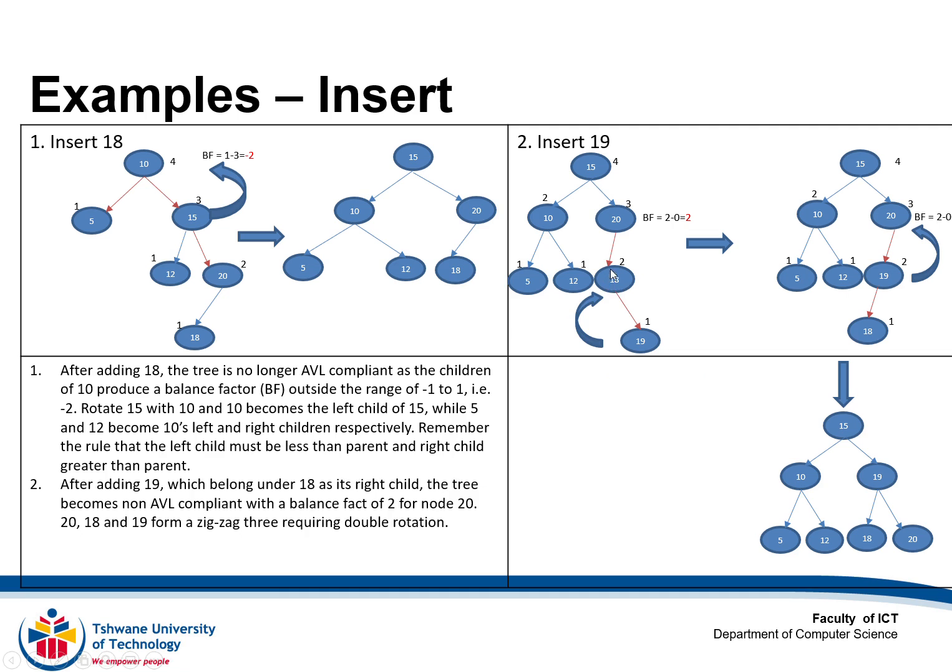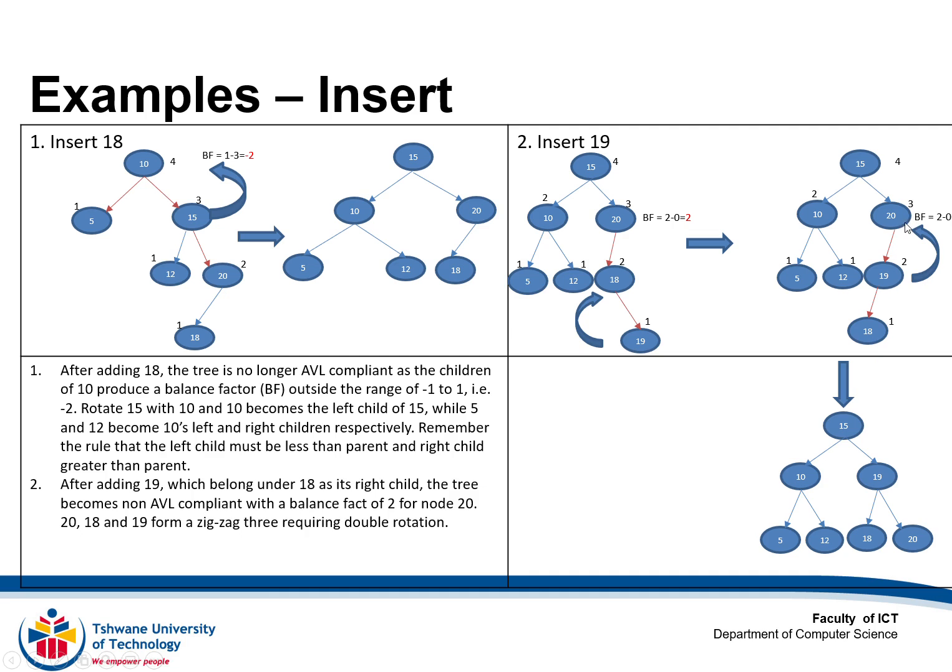19 will then take this position, but because 18 is less than 19, it will be the left child of 19, which is why we end up with a left skewed subtree. We know we have come across a left skewed subtree before and we know how to deal with it. If you go and calculate the balance factor, you'll still notice that it's still 2, as we had done before, because nothing really much has changed here.